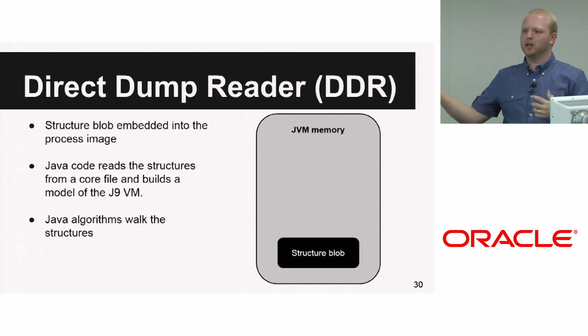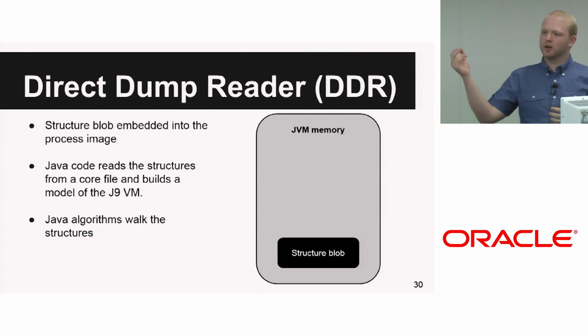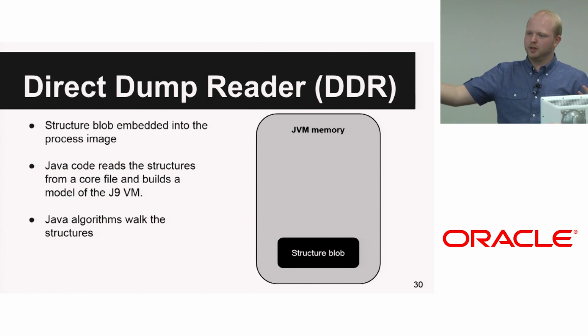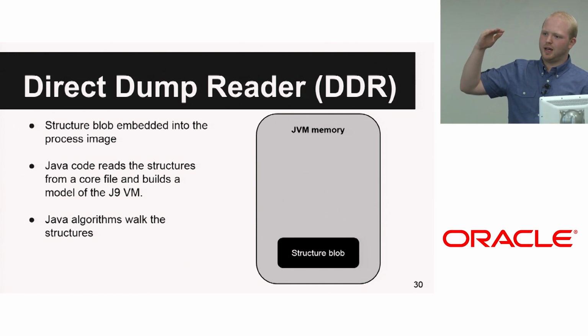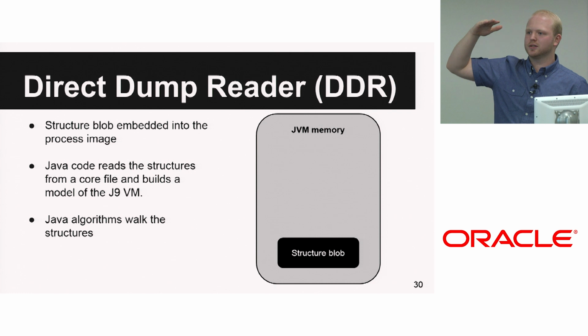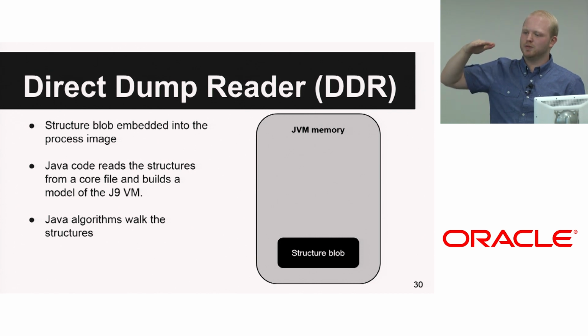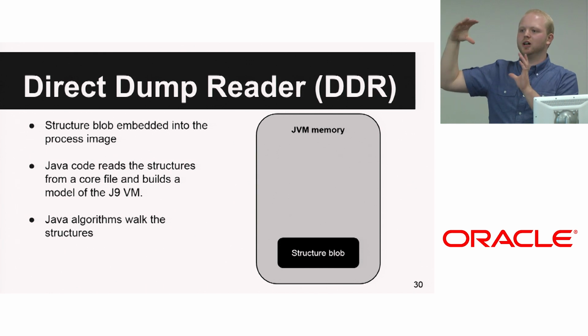If I run a dump agent later to get a core file, that core file is my complete memory, including that shape information. Then when I start DDR Interactive or jdmpview and load this core dump, I know where to look for this shape information, which means I can explore my core in the context of that shape information.